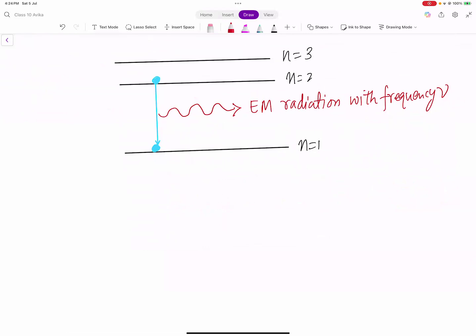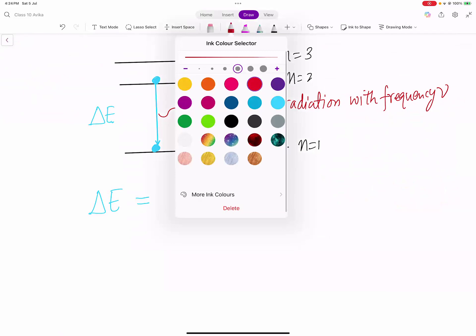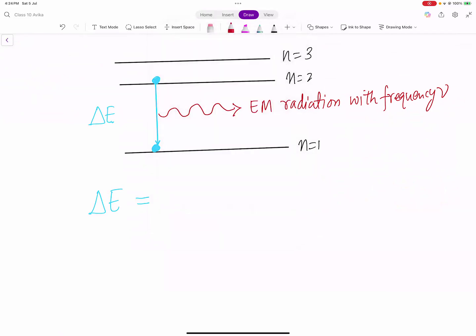So these are n equal to 1 and n equal to 2. In general, we are going to say that this energy difference corresponds to delta E, the change in energy. And this delta E should be equal to h nu. The energy is conserved, so whatever it has lost, it has appeared. It's the same thing, right?